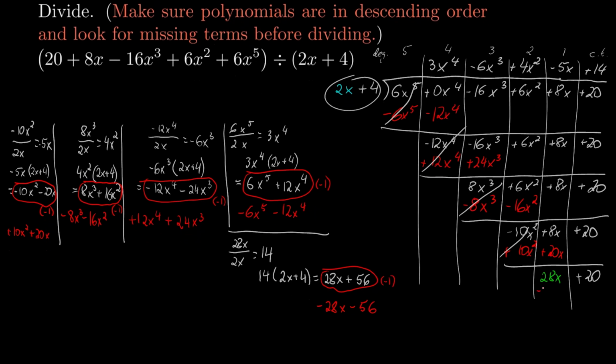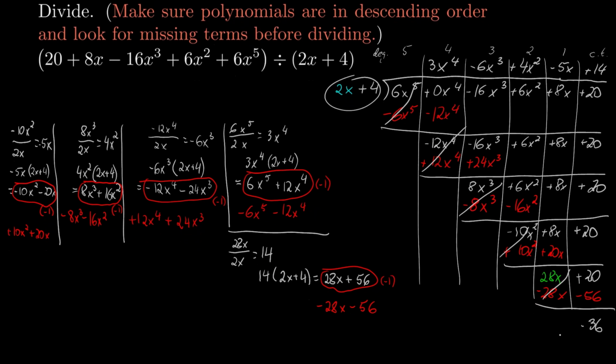Write it down in our diagram, again minding the columns of proper degrees. Perform the addition. The first two terms nicely simplify. Then 20 minus 56 is -36.